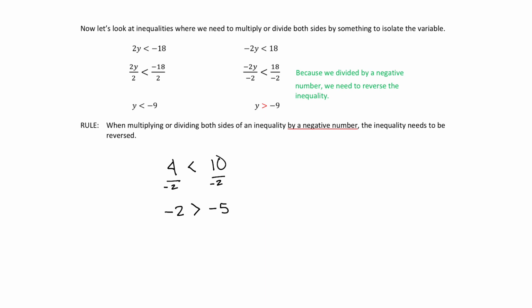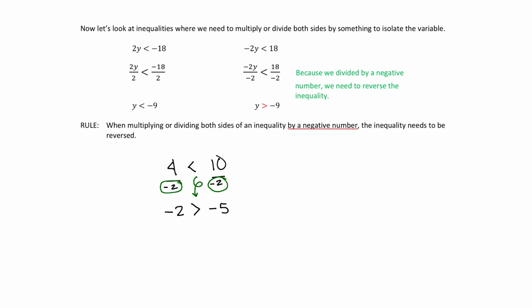The inequality switched around. So when this number on both sides is negative, when you're dividing, you flip the inequality around. And that's the symbol I use so you can tell that it flips around.